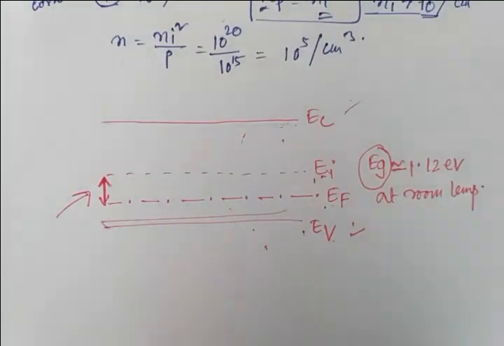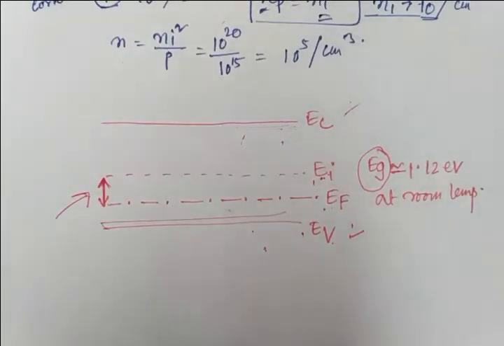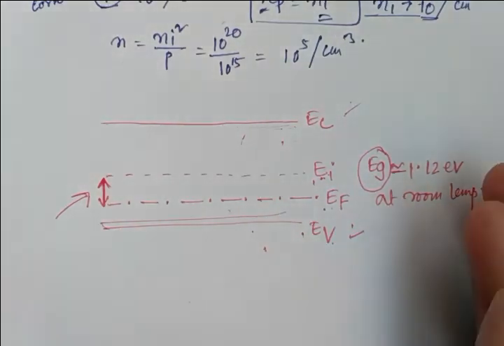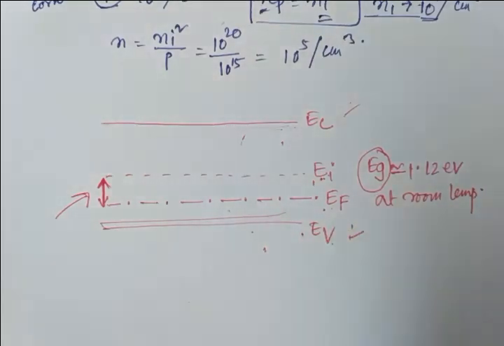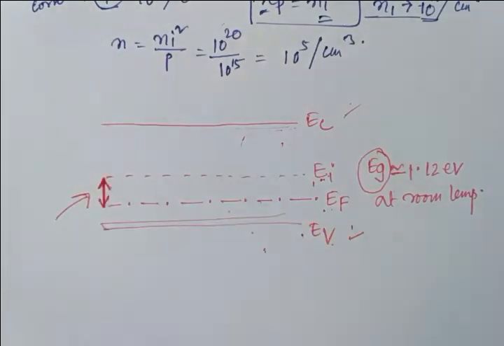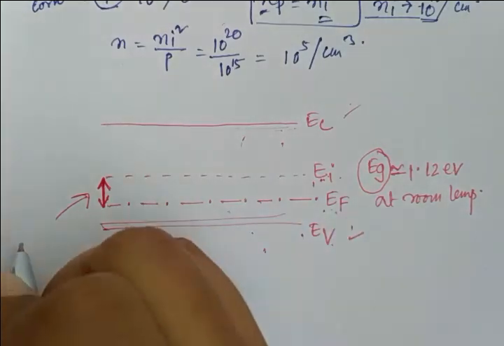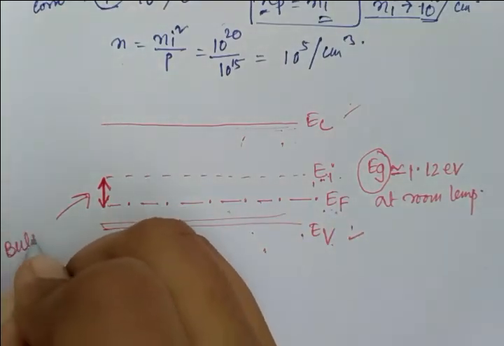So please go through the section you have forgotten and try to interrelate every parameter. This will help you a lot in your preparation in the semester as well as in higher standard examinations, right? So this gap, the distance between the intrinsic energy level and the Fermi level, is the bulk potential.